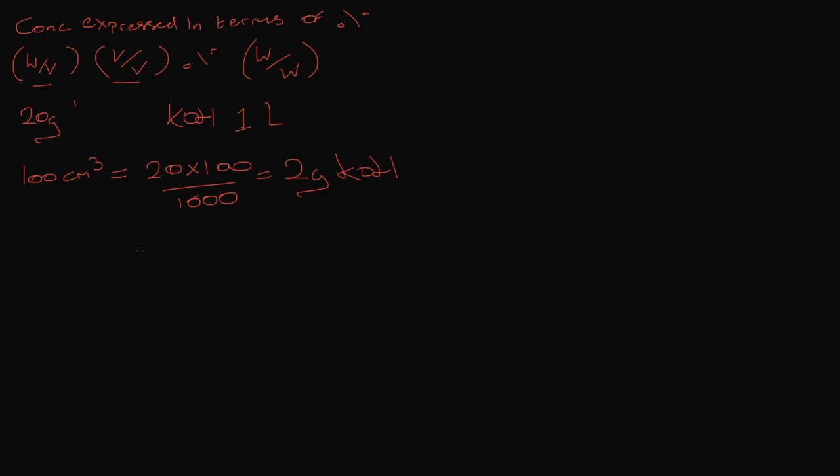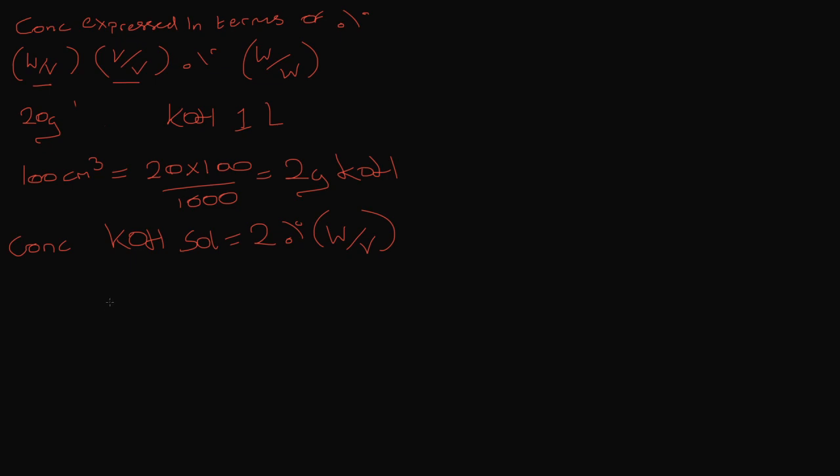So the concentration of the KOH solution would equal 2% weight per volume. So we had 20 grams of potassium hydroxide in 1 liter. We wanted it in 100 cm3, so we did 20 multiplied by 100 over 1000, and we got 2 grams KOH, and therefore 2% weight per volume.